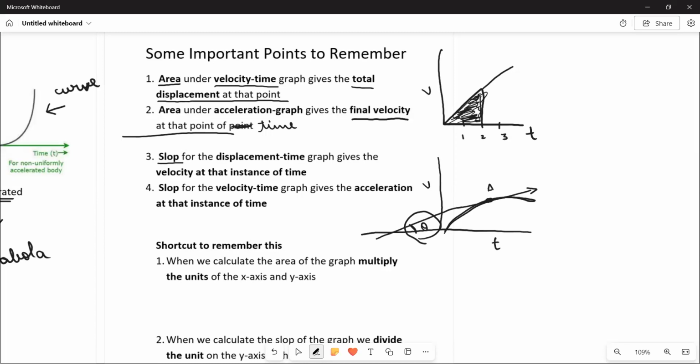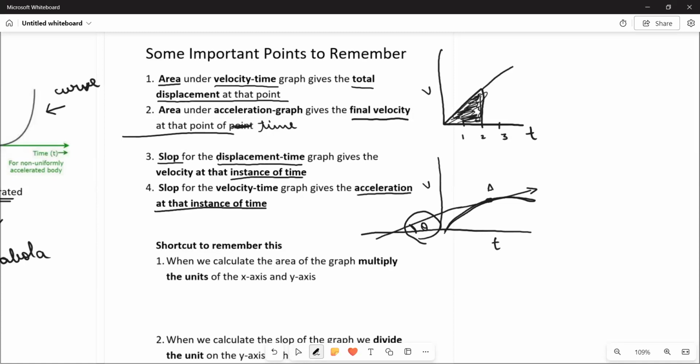So the slope for the displacement time graph will give us the velocity at that instance of time. Okay, the slope for the distance time graph will give us the velocity at that instance of time, and the slope for the velocity time graph will give us the acceleration at that instance of time.